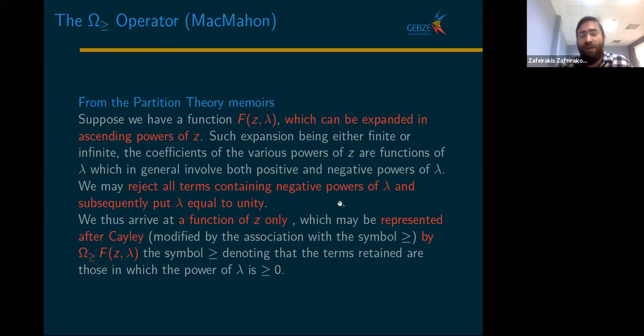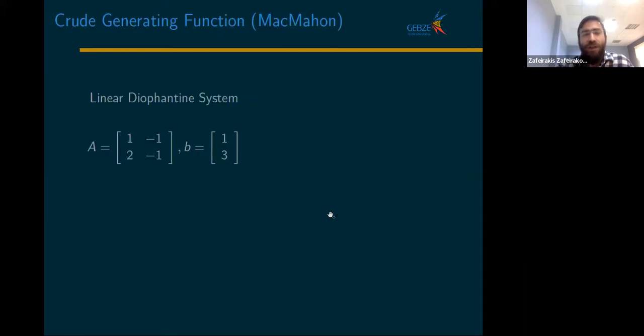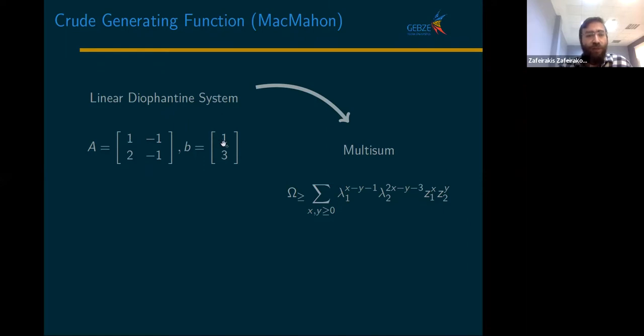By the way, this comes from invariant theory, where Cayley used it. So the way MacMahon used it is, given a linear Diophantine system, he constructs this crude generating function, which is a multisum where we have our original variables x, y, and we introduce one new variable for every inequality. As exponent of this variable, we put the inequality itself. So here we had x minus y minus 1, and we put this as exponent here.